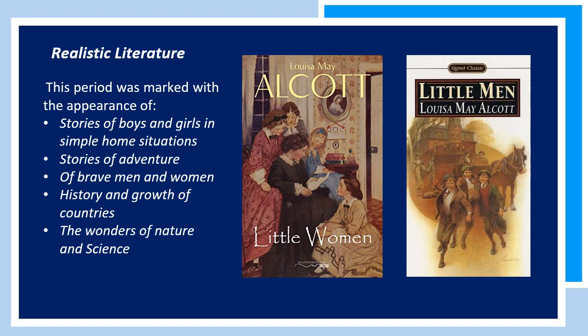These are just some of the most important contributions during the realistic literature period. Later on, I'll introduce to you the different pieces that talk about realistic literature. So that is all about the history of children's literature throughout the world.